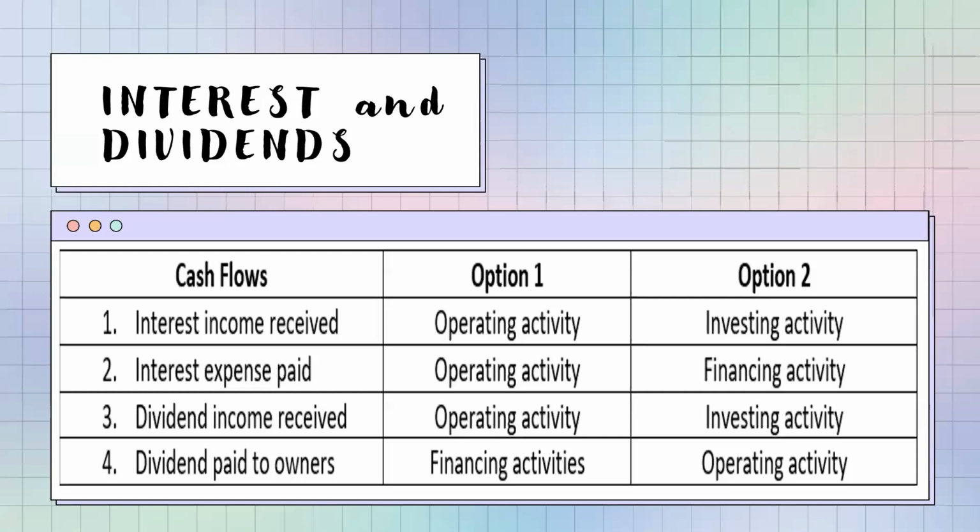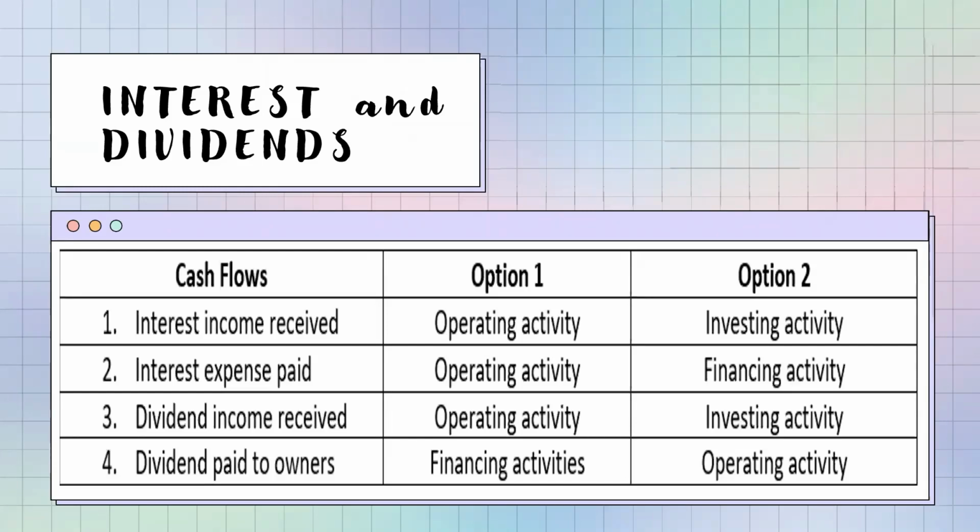So bakit? Kasi it is paid out of the profits generated from the operations. So kung nakita nyo kanina doon sa diniscuss ni Ate nyo Roma, inilagay yun sa interest paid, di ba? Nilagay siya sa operating activity. So ayun. For option 2 naman, financing activity daw kasi interest is paid on loans, di ba? Tapos loans are classified under financing.